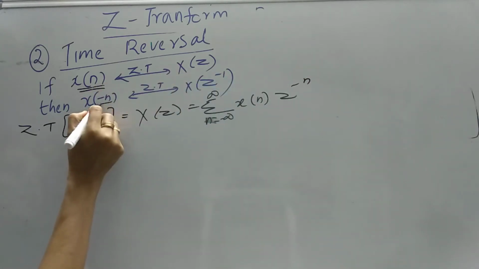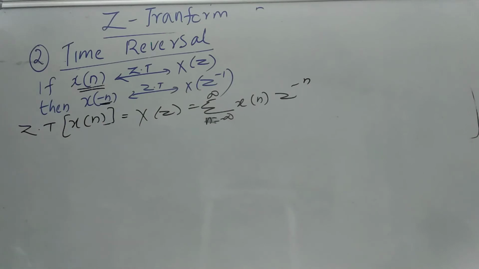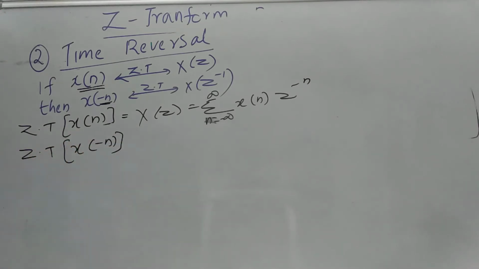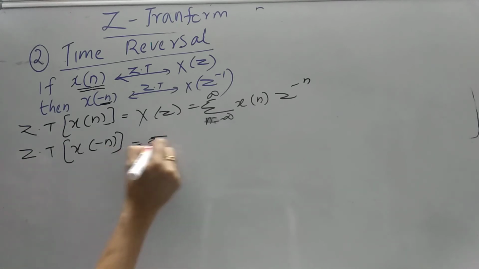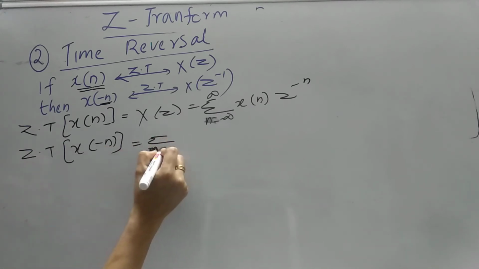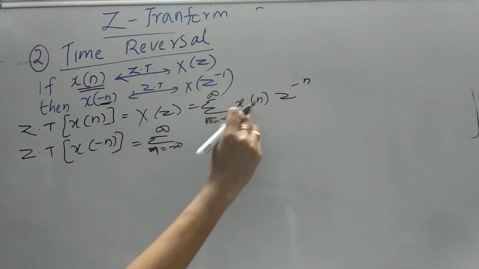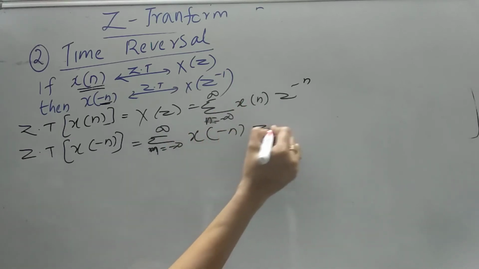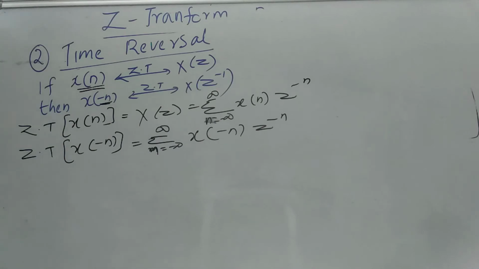But now our signal is x of minus n. So we can write the z transform of x of minus n as sigma n equal to minus infinity to plus infinity, instead of x of n we put x of minus n, z raised to minus n.